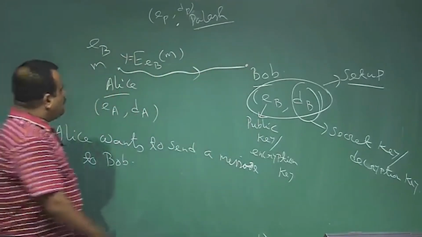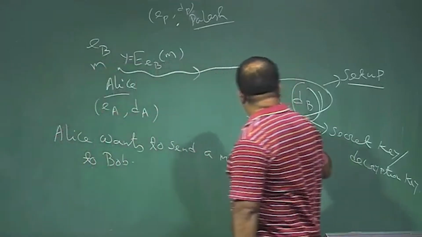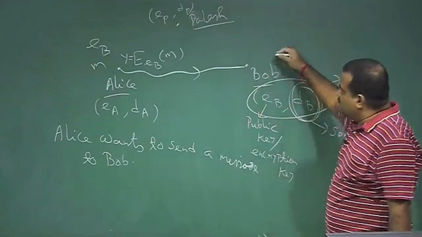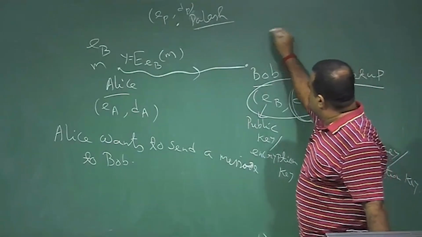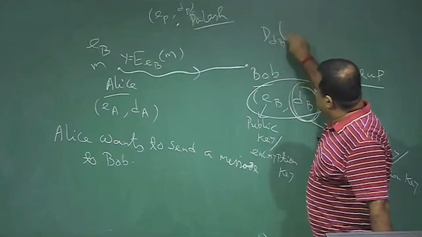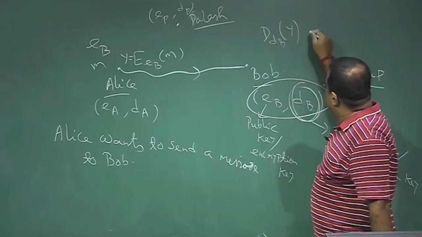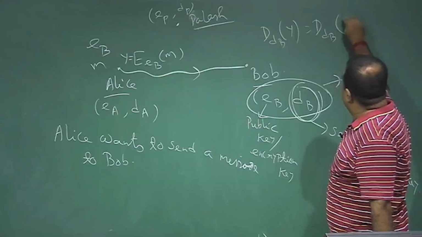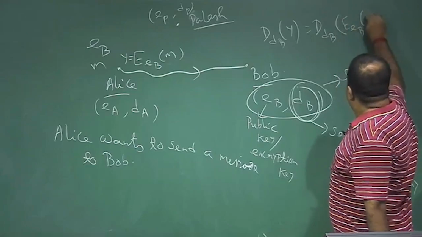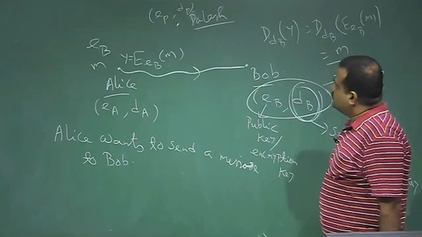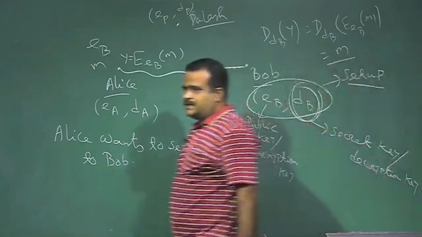Now upon receiving this, Bob has his secret key. So Bob has to decrypt it using the public key decryption algorithm, using the secret key of Bob, DB, applied to the ciphertext, which is EB of M. This should give us M. So this is the public key setup.